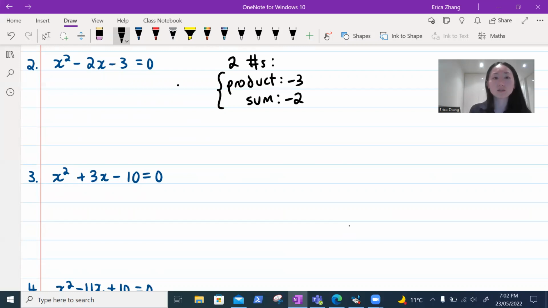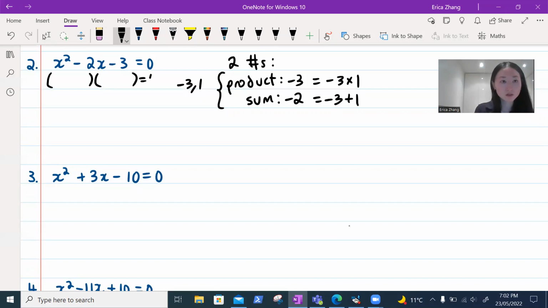So that means we have to choose -3 and 1, right? Because -3 is equal to -3 times 1, and -2 is equal to -3 plus 1, okay? So because we've chosen these numbers, again, all we have to do is go x minus 3, okay?